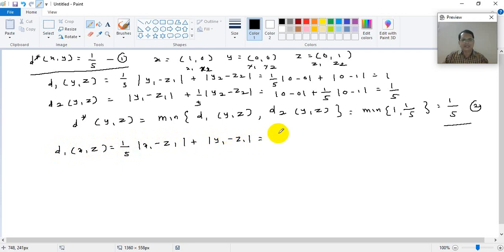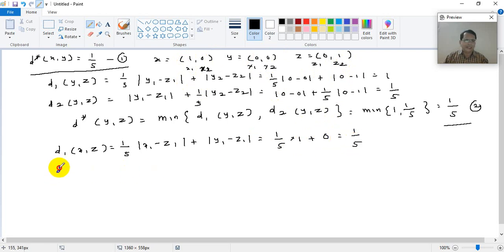So all the values are there, 1/5 x1 minus z1, right? So this is what, x1 is 1, z1 is 0, so 1/5 into mod of 1, means 1/5 into 1, plus mod of y1 minus z1. Your y1 is what? 0. z1 is 0. So this is 0. So it is 1 by 5.